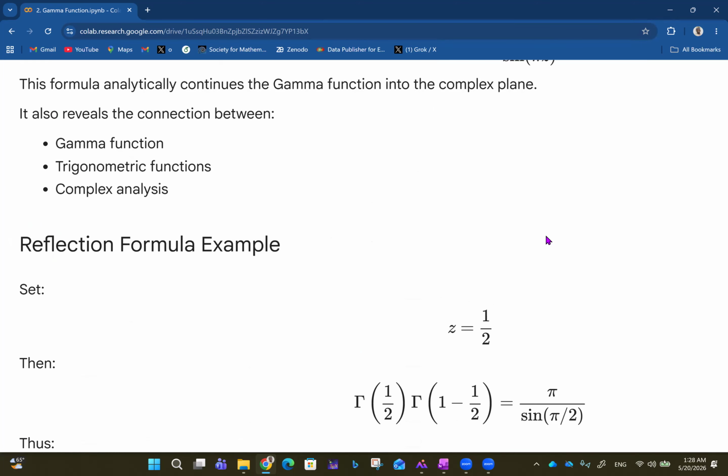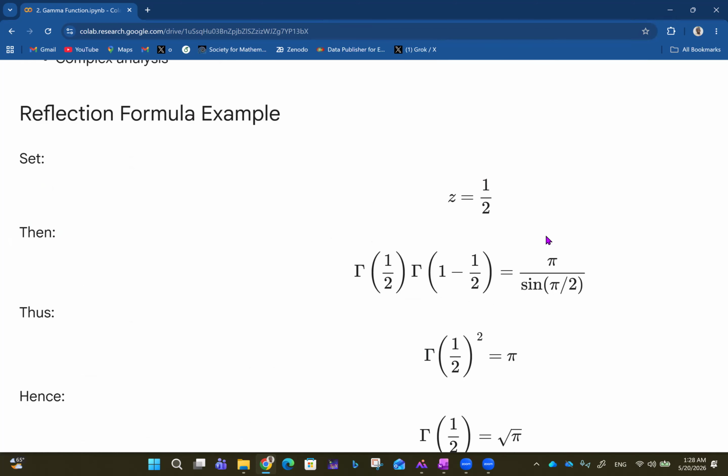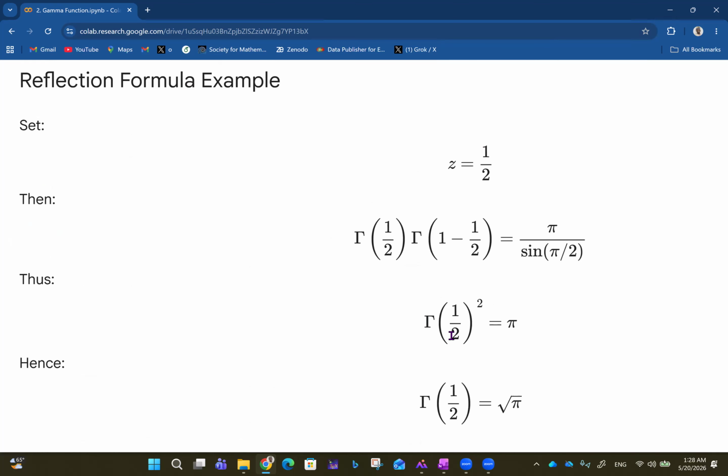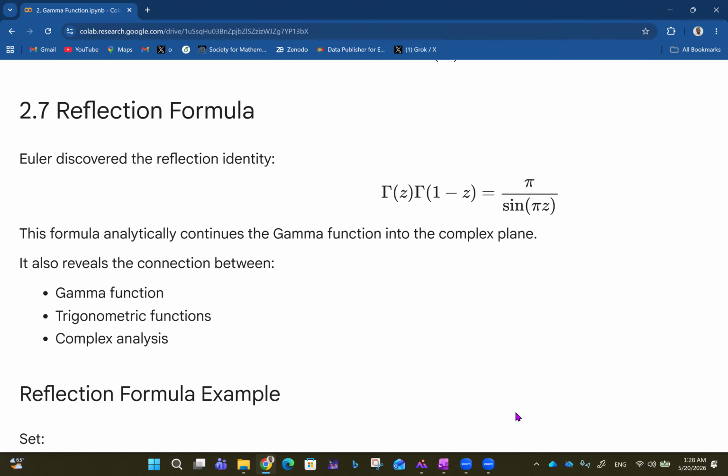Thus, we can say that gamma 1 over 2 squared is equal to pi over sine pi over 2. Sine pi over 2, that's sine 90, which is 1. So that's pi over 1, which is simply pi. So gamma 1 over 2 all squared is pi. That also establishes the fact that gamma 1 over 2 is root pi, just like what we derived the other time, using the reflection formula, which is gamma z times gamma 1 minus z equals pi over sine pi z.